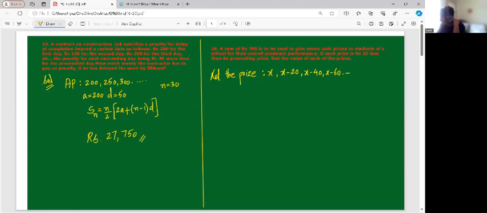In this way the money should be distributed, and here the n value is 7, so 7 students we have to distribute to.